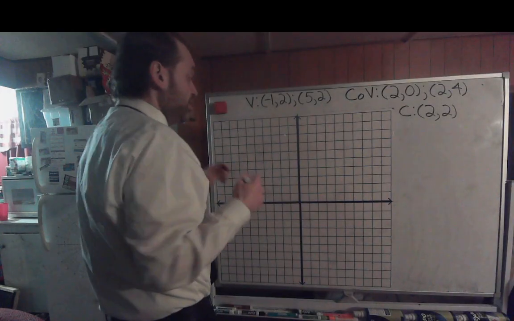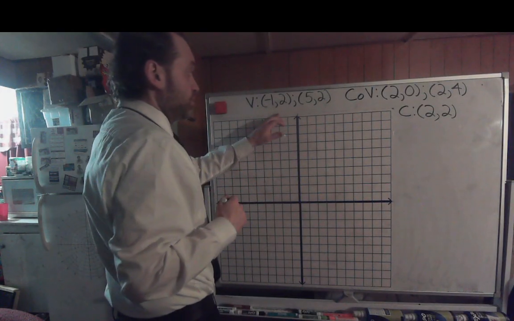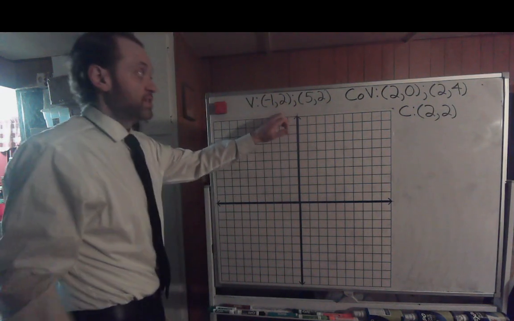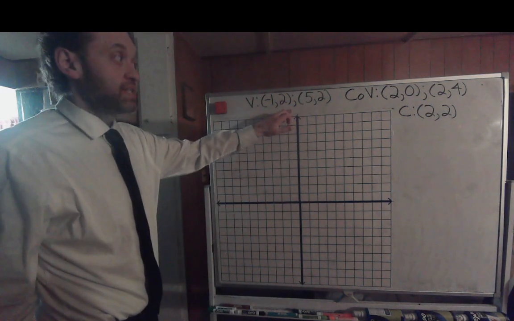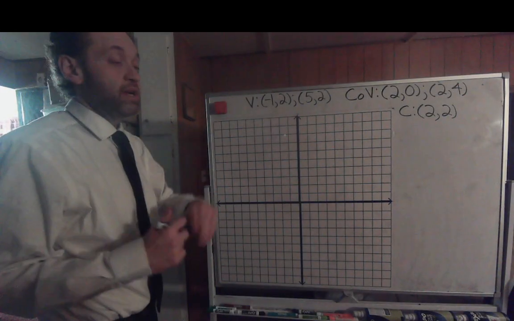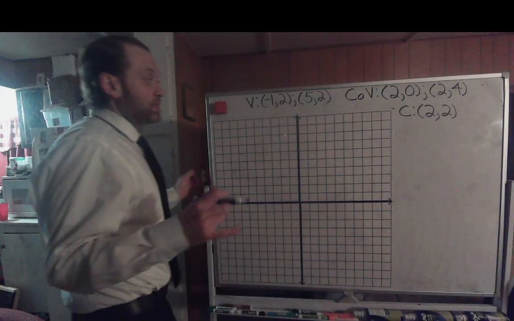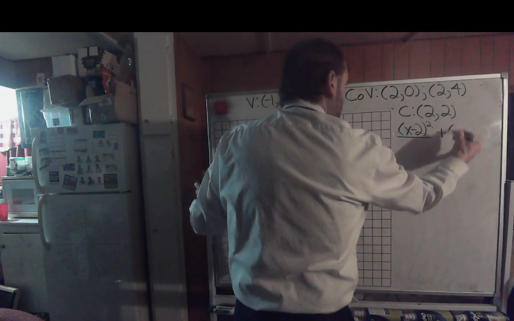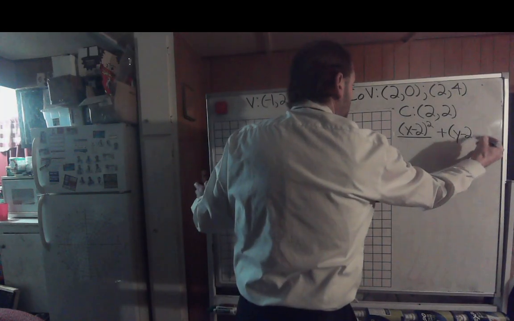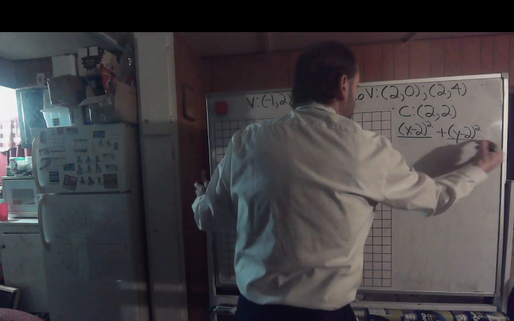So that's going to help us. Now, if my center is at (2, 2), and my vertices are labeled for x-coordinates, that means my x-axis is my major axis. So let's start there. We know the center is at (2, 2). So this is going to be (x minus 2) squared over some number plus (y minus 2) squared over some number equals 1, right?